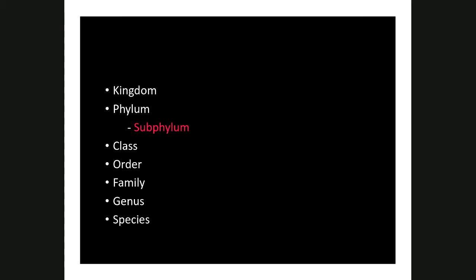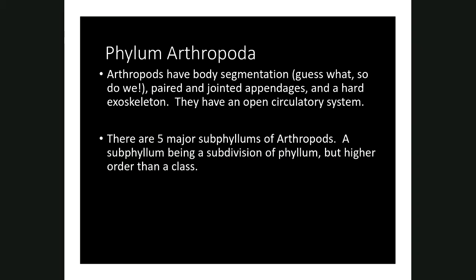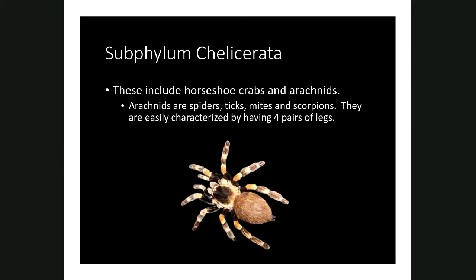So, for example, we're going to add subphylum. The subphylum is a little higher in the classification system than a class is, but lower than phylum. Okay, so the first group, subphylum Chelicerata.